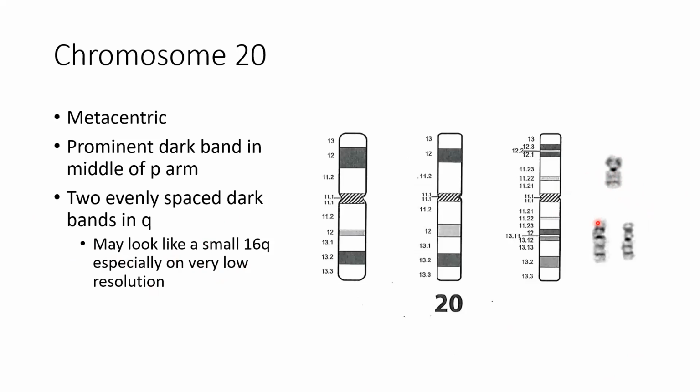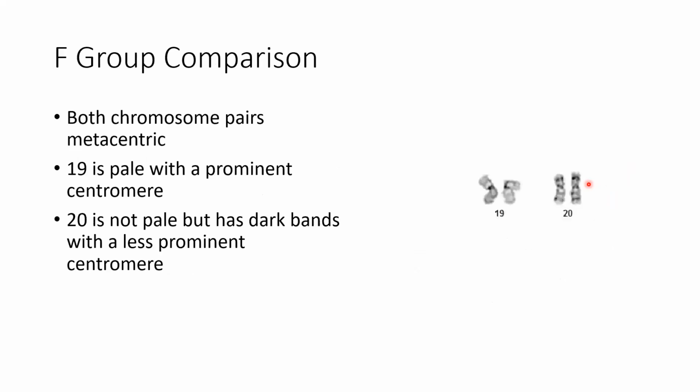So you just have to be sure that you put the larger ones in the 16 slot and make sure that your 20s are actually the 20s. And so here's a comparison of the 2. You see a lightly stained chromosome, and this one has bands.